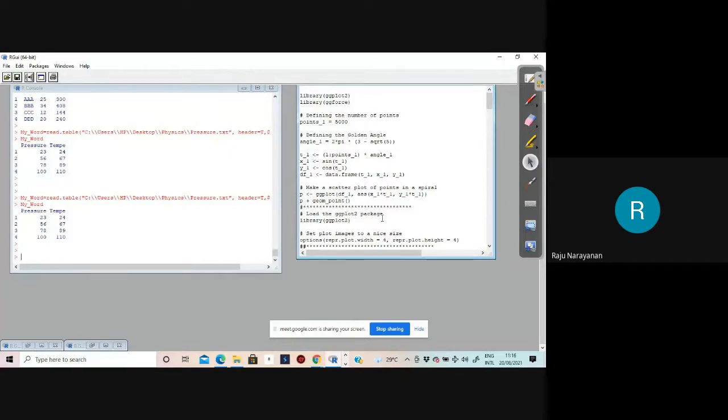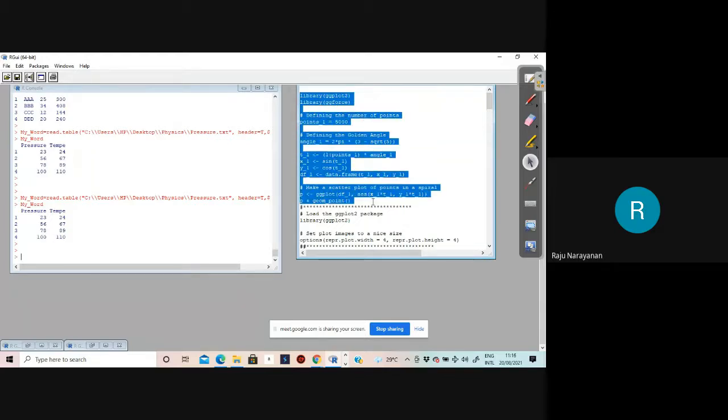And this is not my program. I have stolen it from some other document, or taken from some other websites. It uses ggplot and ggforce.